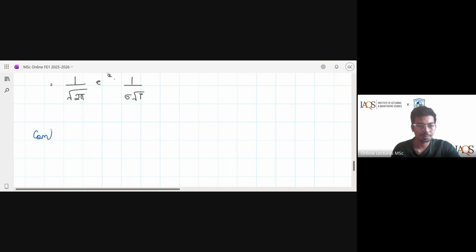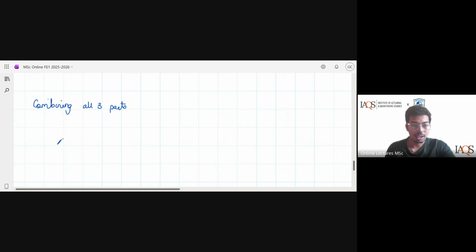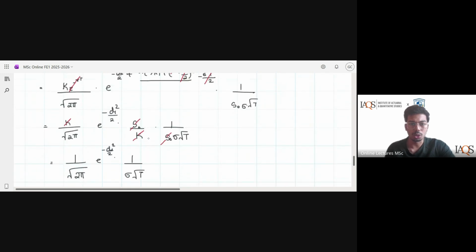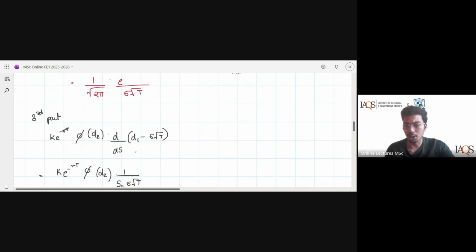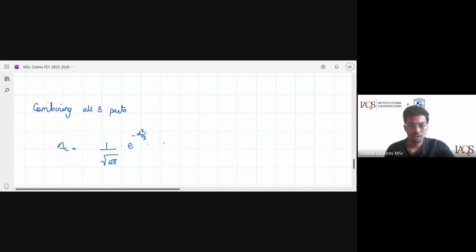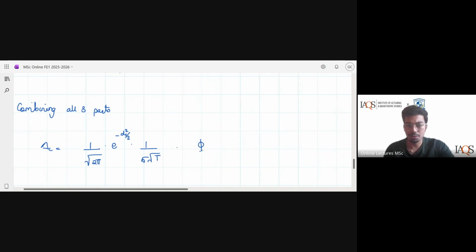Combining all three parts, can I say delta for a call option is equal to, first I write the first part, 1 upon root 2 pi e raised to minus d1 square by 2 into 1 upon sigma root T. I write my second part, which was phi of d1.